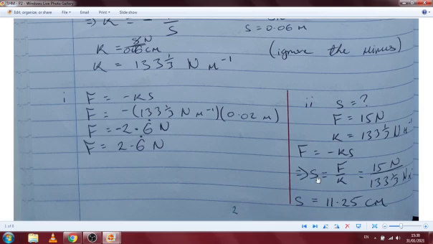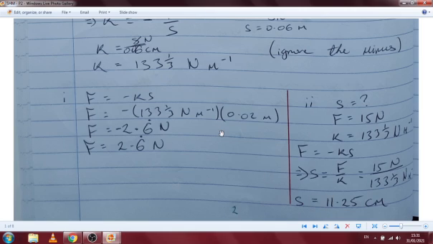So when I divide across, S is equal to F over K. And again, I just left out the minus. It's not too significant in this case. I just want the size of the displacement, the magnitude. I know it's opposite, but I don't have to keep saying that. So S is equal to F over K, 15 newtons over 133 and a third newtons per meter. So my displacement is 11.25 centimeters, 0.1125 meters, but centimeters is a better unit.